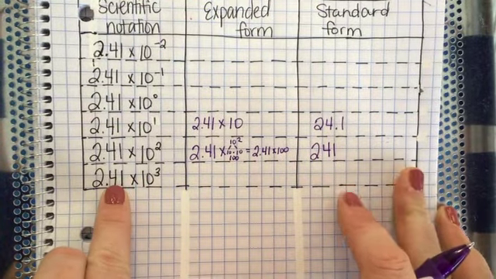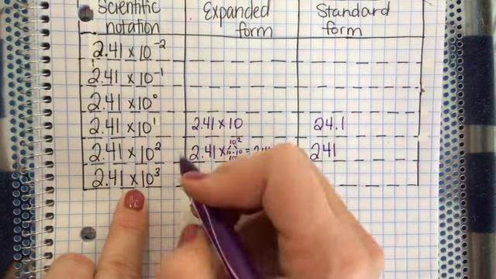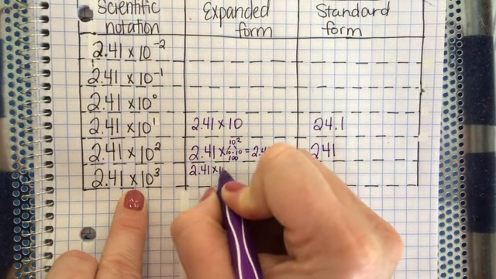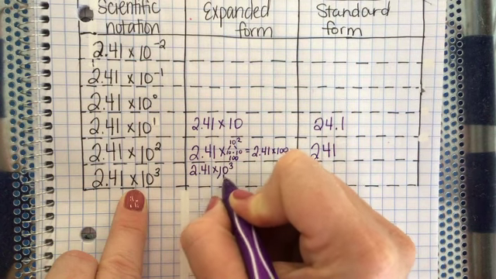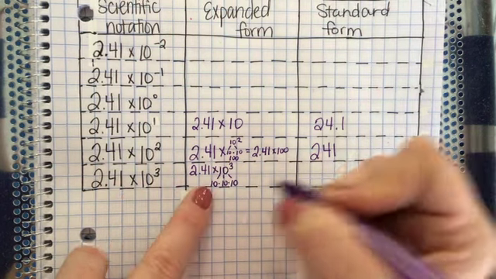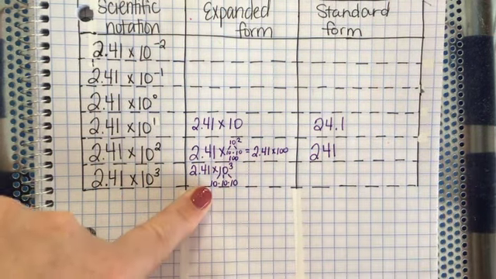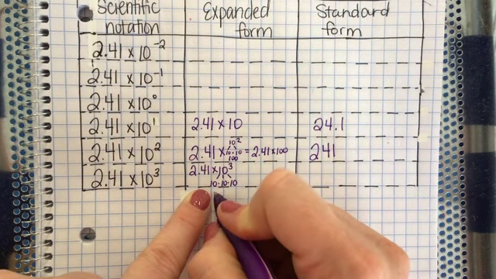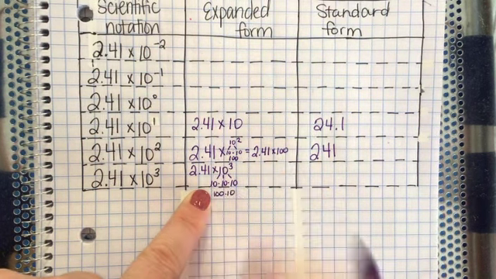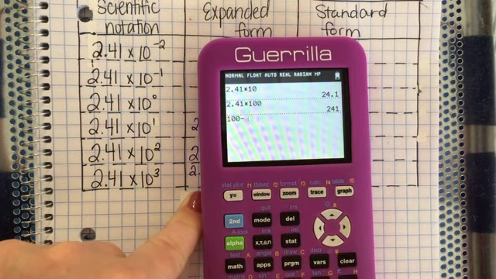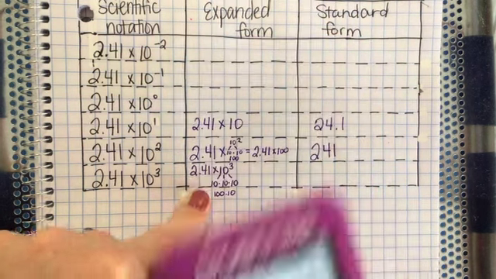Okay, this next one, 2.41 times 10 to the third, so 2.41 times 10 cubed, 10 times 10 times 10. So 10 times 10 would be 100 times 10, or if I have ten $100 bills, not a subtract, it's 1,000.